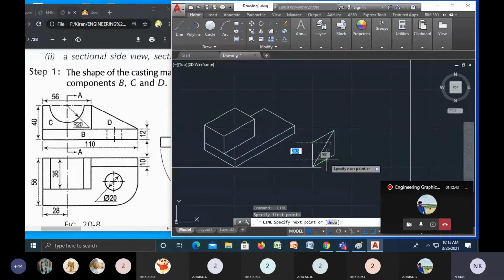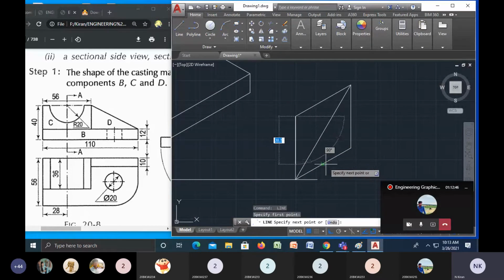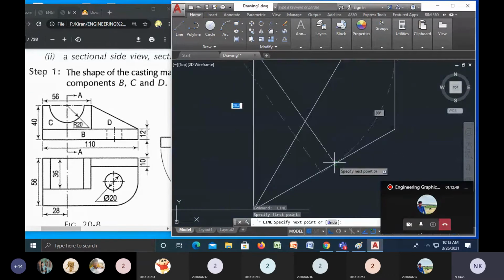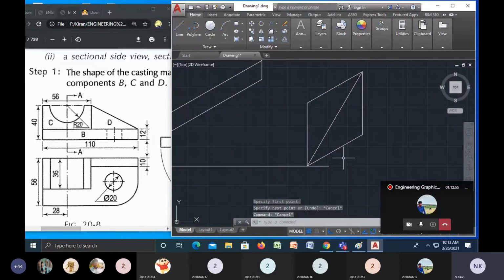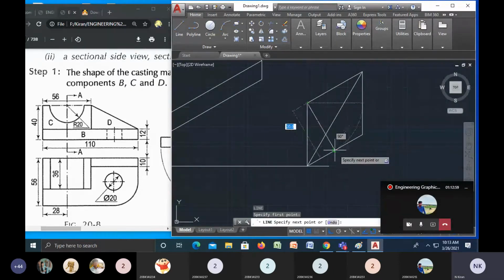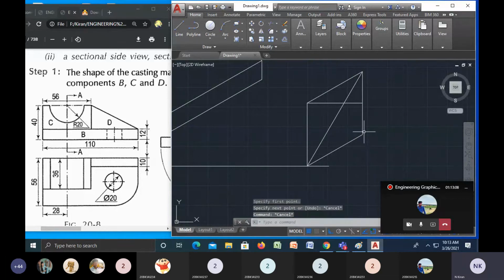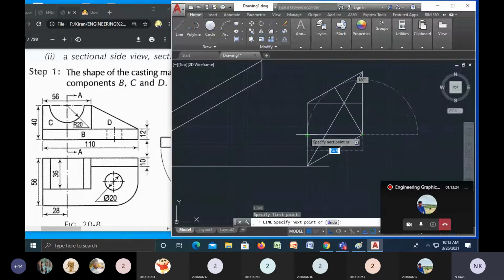L enter. Why is the midpoint not set? Okay, from this point, this midpoint. Okay, yes, this data is enough, I think.